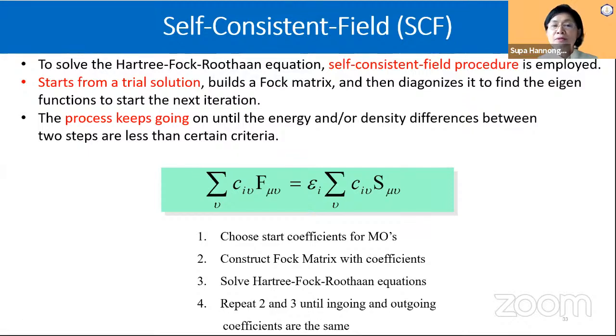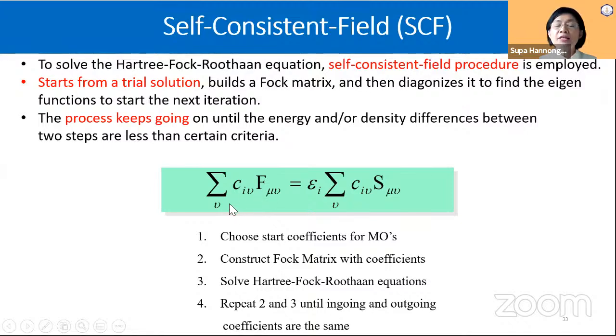For example, we expect to get the lowest energy before the last step, and the last step energy should not differ by more than something. We fix that, and then it will stop. So this is the self-consistent field procedure that ab initio programs will do.